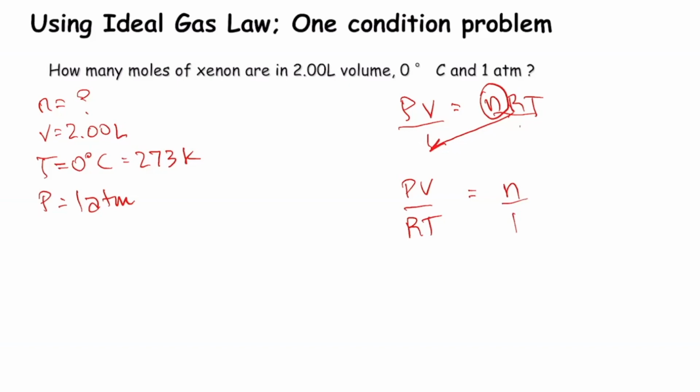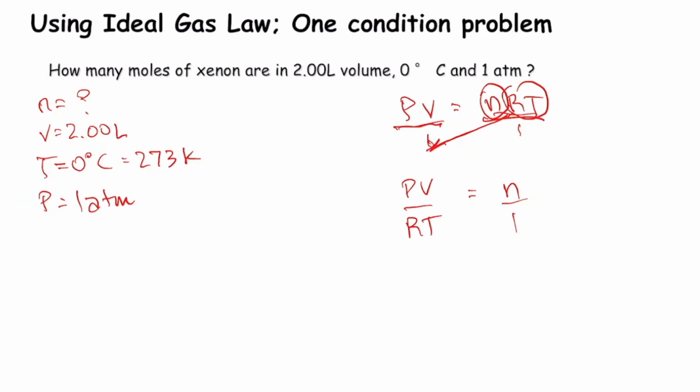Again, we're doing that technique that I showed you above. Any variable or number alone is just over 1. So I'm making this a fraction to show you that you need to move RT to the denominator across the equality sign. Now we can solve for moles.